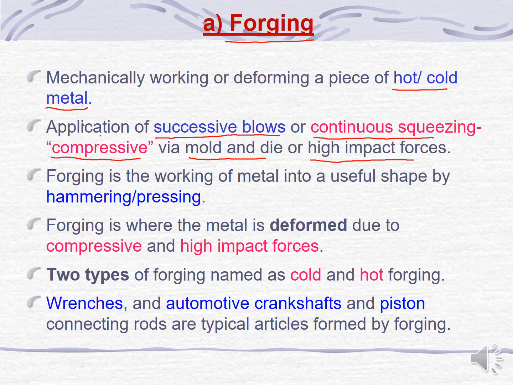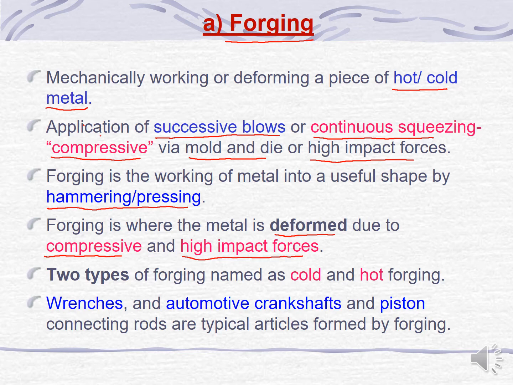Okay, forging is the working of metal into a useful shape by hammering or pressing. Forging is where the metal is deformed due to the compressive and high impact forces. Okay, there are two types of forging.